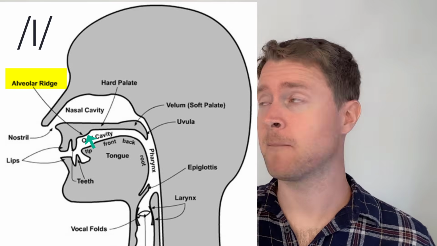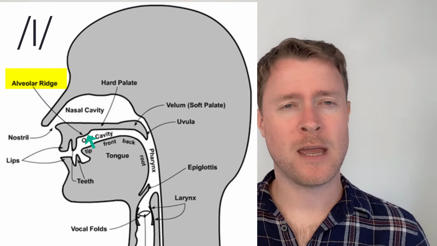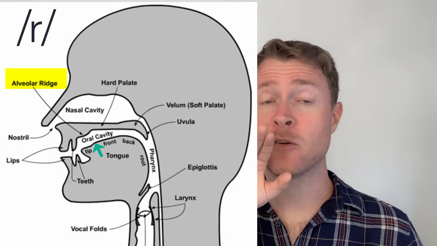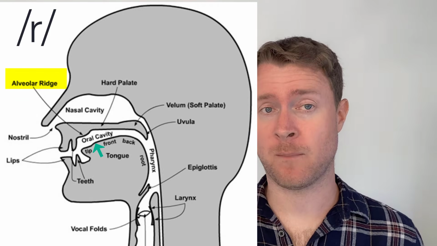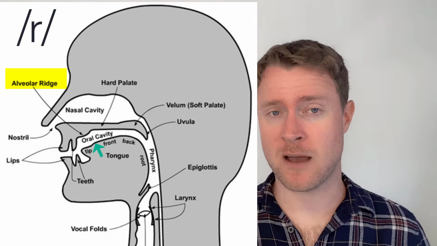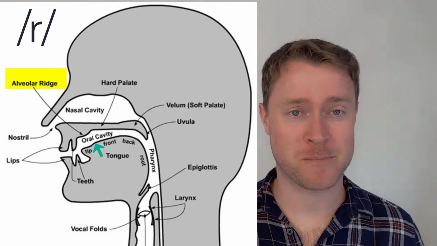It is touching the alveolar ridge, that place behind your teeth. In the R sound, your tongue is not touching. That is the big difference between these two sounds, and it is the difference that most people make mistakes with.